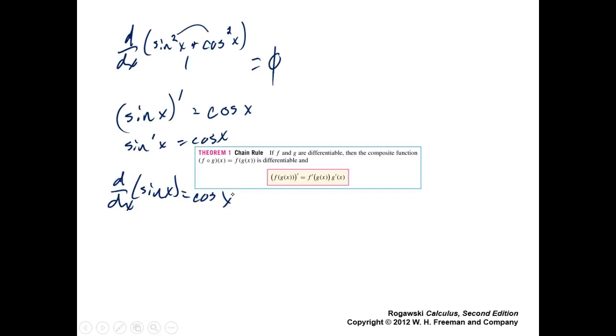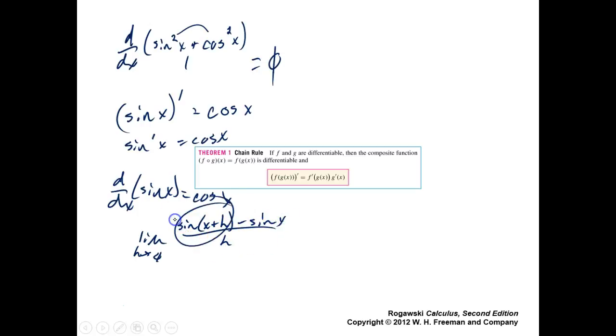Now, how to use the addition rule? At first I thought they meant the addition of derivatives, and you don't have an addition of derivatives. They're saying the addition formula, this one. Remember, your limit would be, as h approaches 0, of sine of x plus h minus sine of x over h.